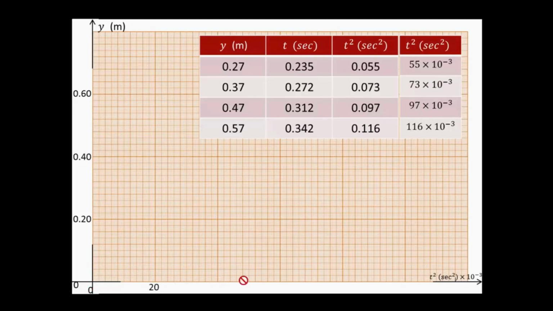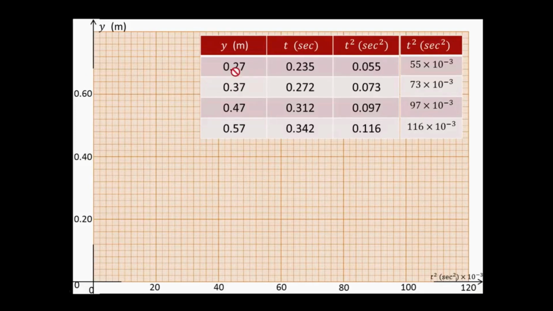Now we start with the values of the horizontal axis, the x-axis. We notice that these values are small and that there are some difficulties in recording them on the x-axis. So we write them in the following form.